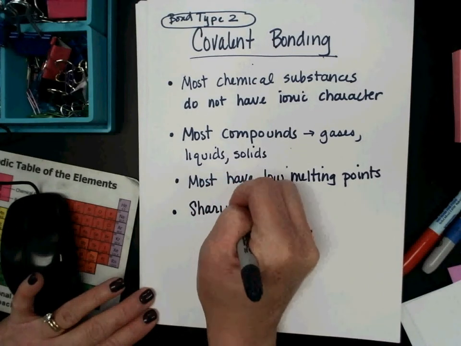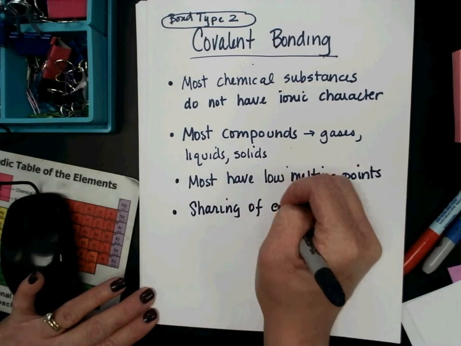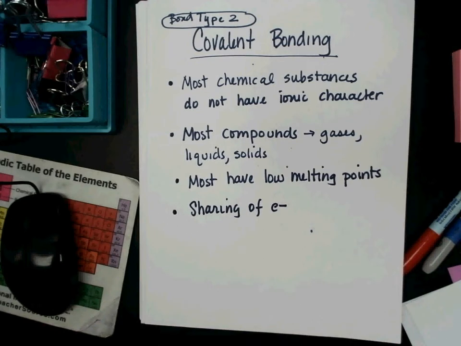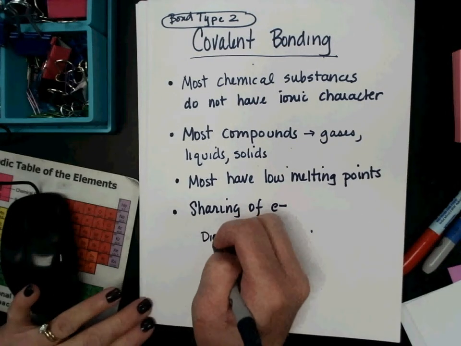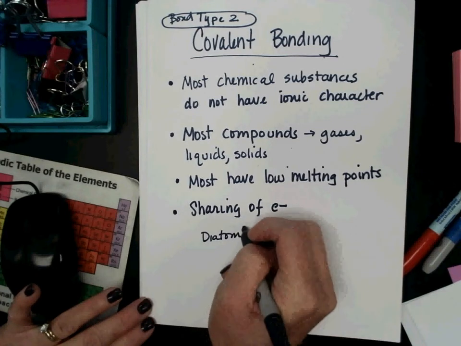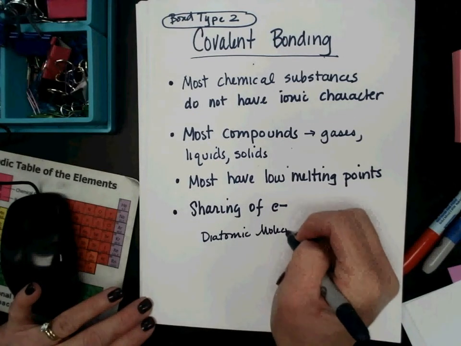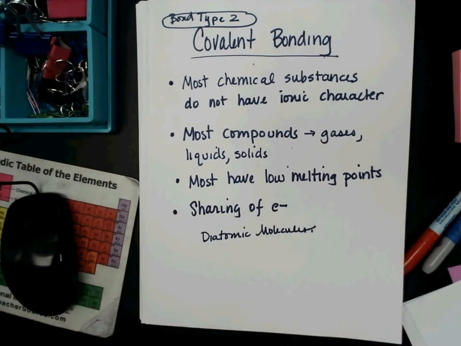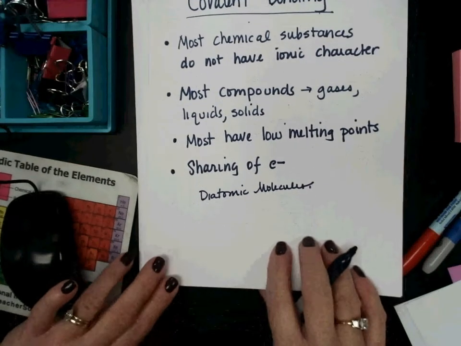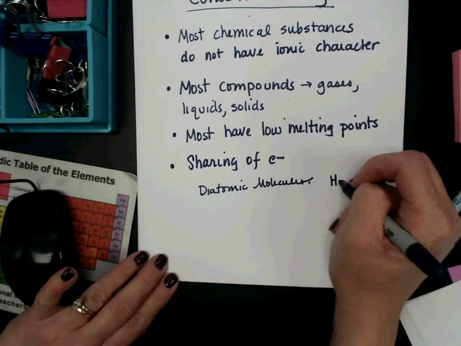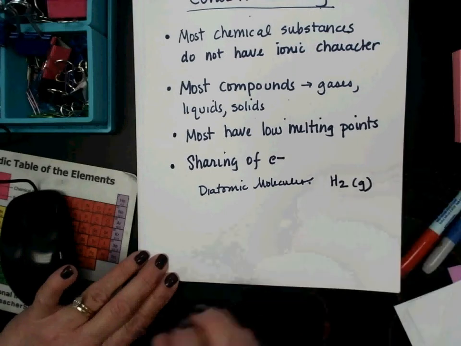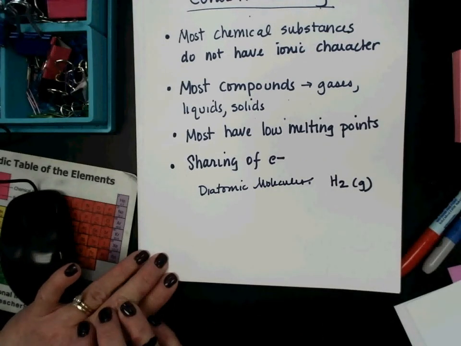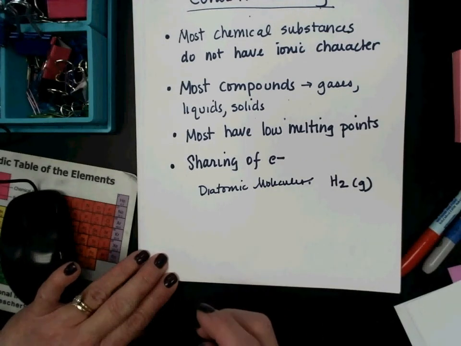In these covalent bonding situations, we actually see, and you guys know this, sharing of electrons. For example, when I look at my diatomic molecules, and these covalent compounds, we call them molecules, I'll take something really simple here, let's take H2 gas.